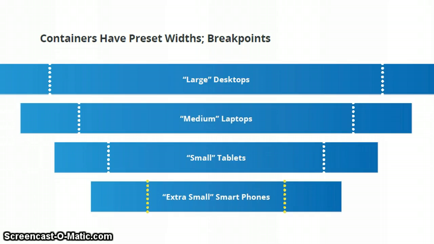So looking at screen sizes, basically the grid system changes from desktop to laptop to tablet to smartphones. It changes in steps. On a desktop screen, it has a set width, and no matter what size the desktop monitor is, the container, the content of the website, will be a constant width.